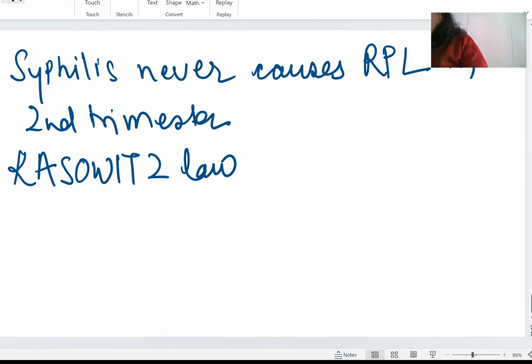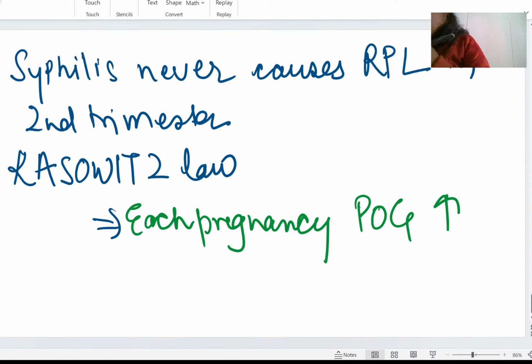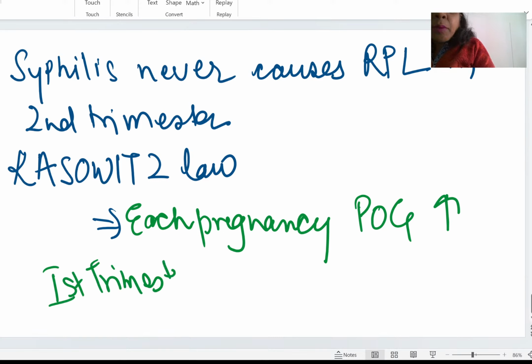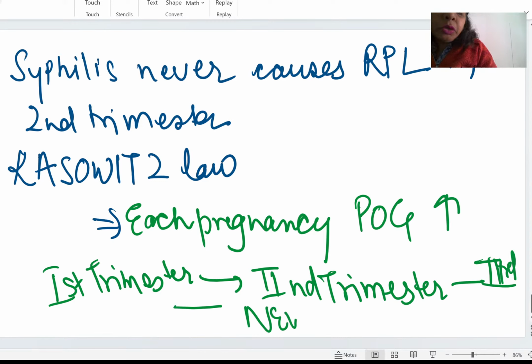What is Kasowitz law? With each pregnancy, the period of gestation increases. How does abortion occur in syphilis? If one abortion occurs in the first trimester, the next abortion will occur in the second trimester, the next in the third trimester, and next time you will have a newborn baby.